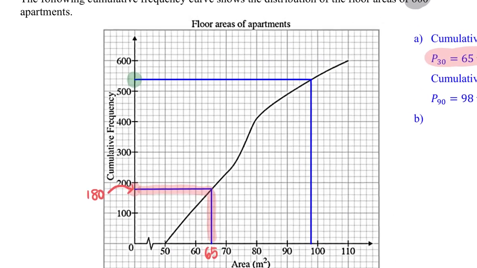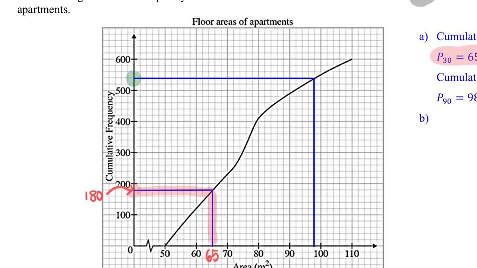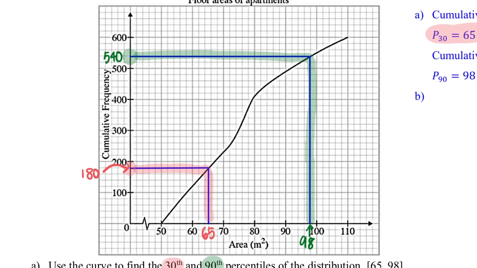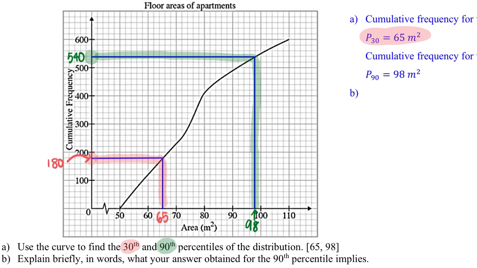That means if I zoom in here, that's where my 540 is. And so from here, I will then be able to get my 90th percentile, which is 98. And so that is the answer for my 90th percentile. 98 meter square.